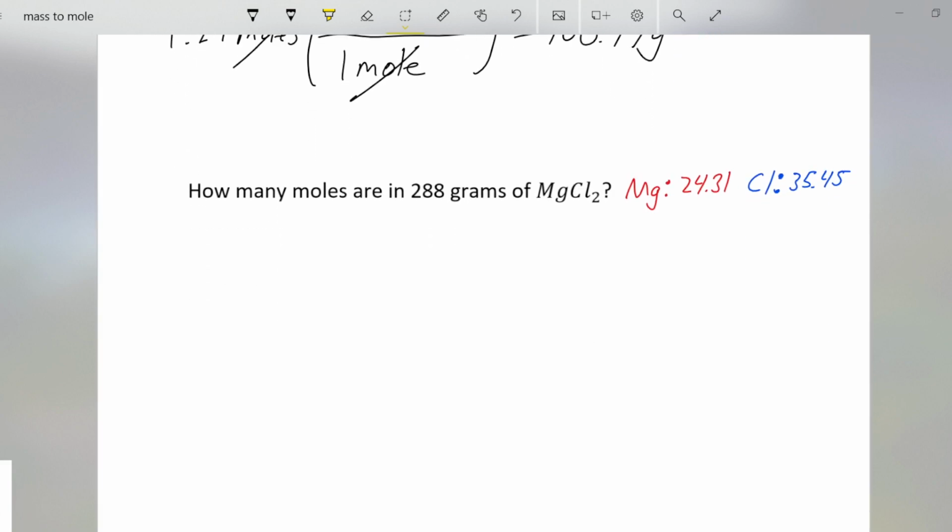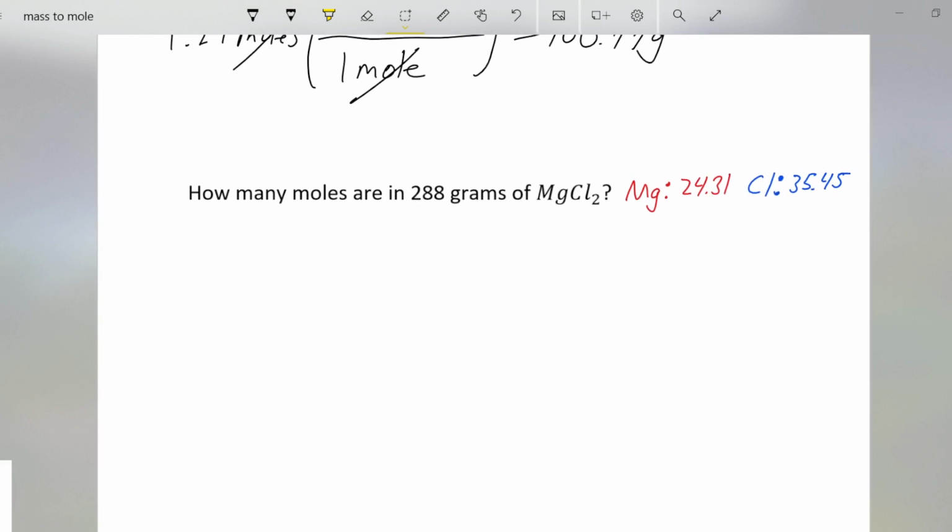Anyways, moving on, we have now the opposite direction. We are going from Mass Island, grams, to Mole Island, and we are doing it for this magnesium chloride, MgCl2. So we need to calculate the molar mass of MgCl2. We can see that there is 1 magnesium, and that is 24.31 grams per mole, plus the molar mass of our chlorine times the number of chlorines.